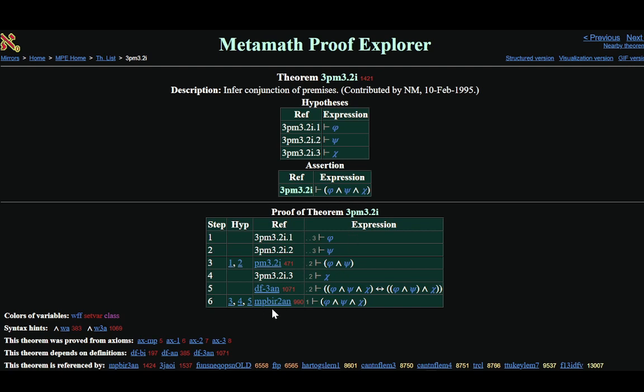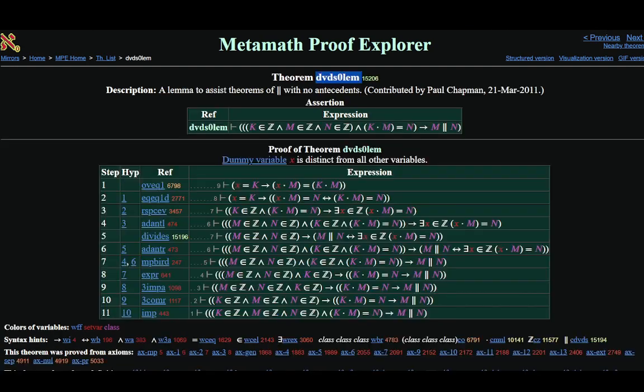And it's just really interesting that it's proven using one of these others, PM3.2i, which is for 2 implication rather than 3 implication. And this is an interesting one, which is a definition of 3 things conjuncted together. And there's an argument that having it in this form is superior. Anyway, getting distracted. Maths is too distracting.